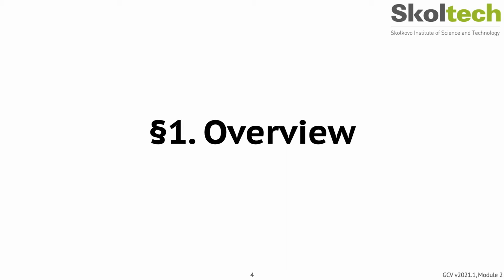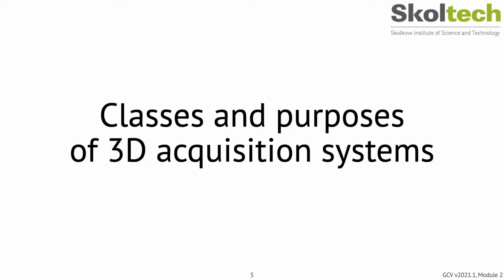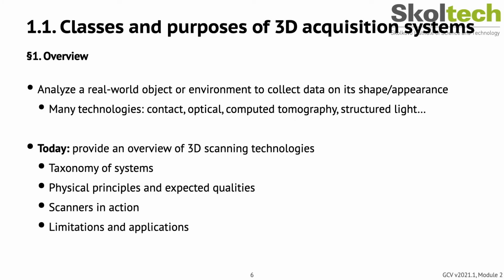Let's do an overview of classes and purposes of 3D acquisition systems. As you might recall from the previous lecture, 3D scanning deals with collecting data on shape and appearance properties such as color for real-world objects or scenes, effectively digitizing them.